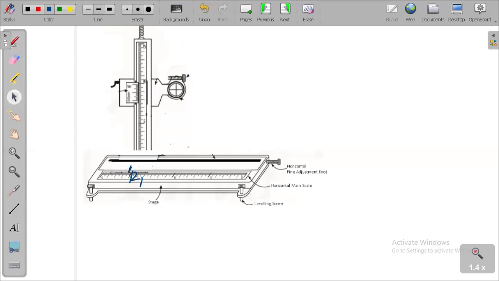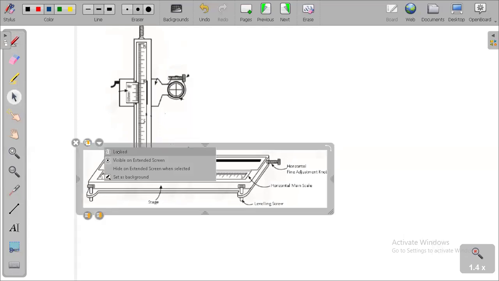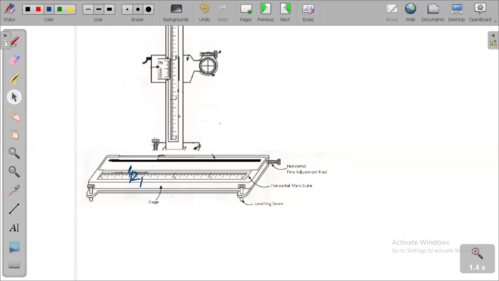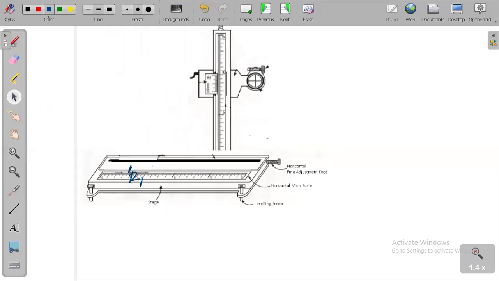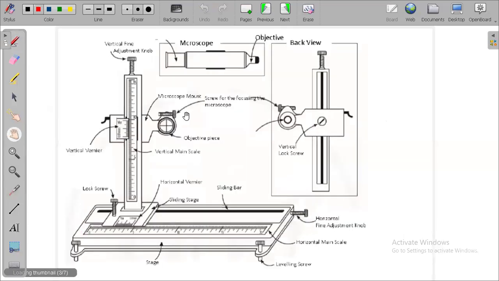When you slide it over to the other side, you can mark this reading as R2. So your reading will be R2 minus R1. Always remember, the zero line starts from here and increases on the other side. It is the same way for the vertical. I will explain here.